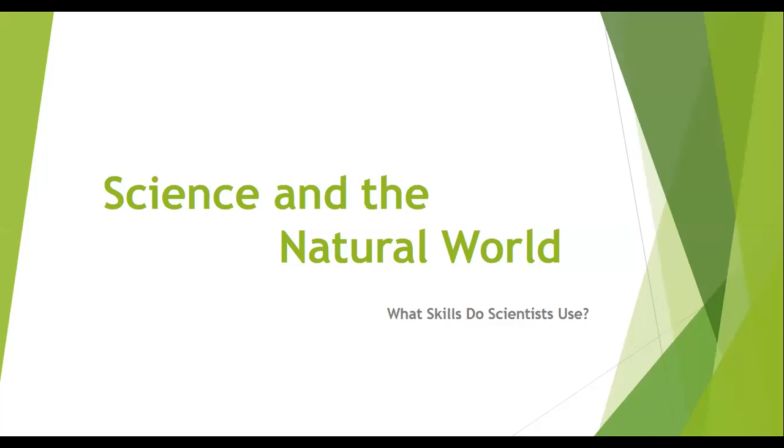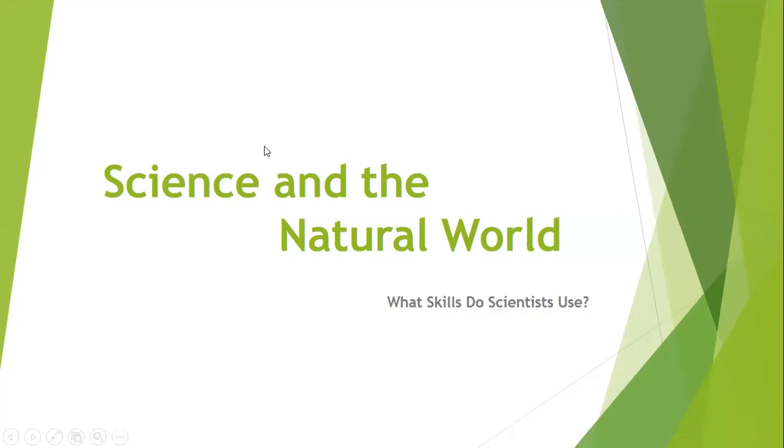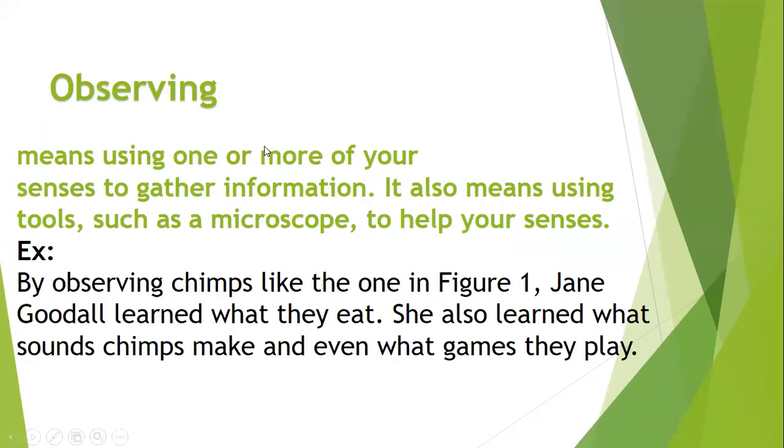Today was about science and the natural world. The key question for this lesson is: what skills do scientists use in order to do science? Let's start with the first skill, which is observing.